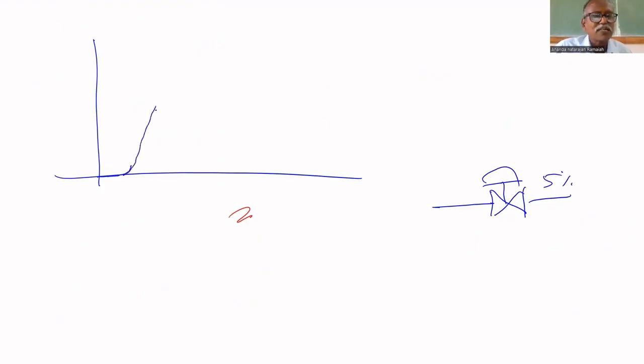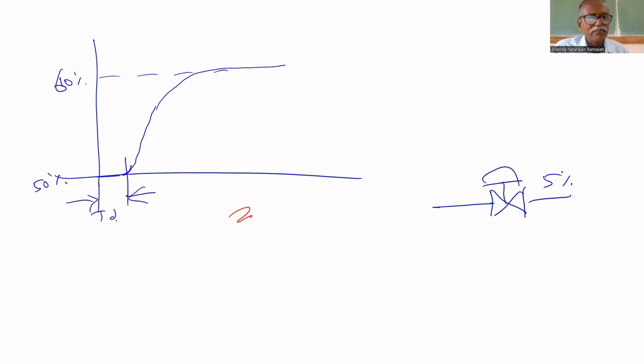After that, it starts increasing. Then it settles at a new value. Earlier it was 50%, now it has changed to 60%. What is the change in level? 10%. But initially, there is no change in level. That part is called dead time.